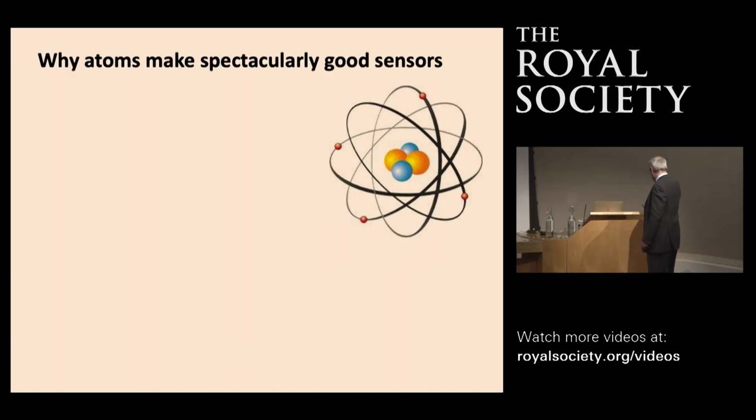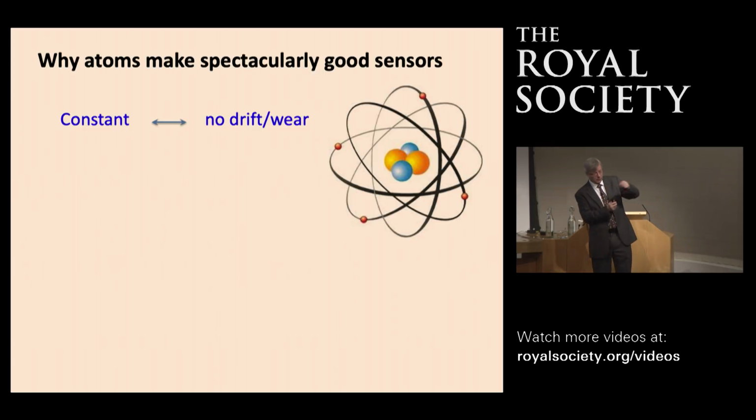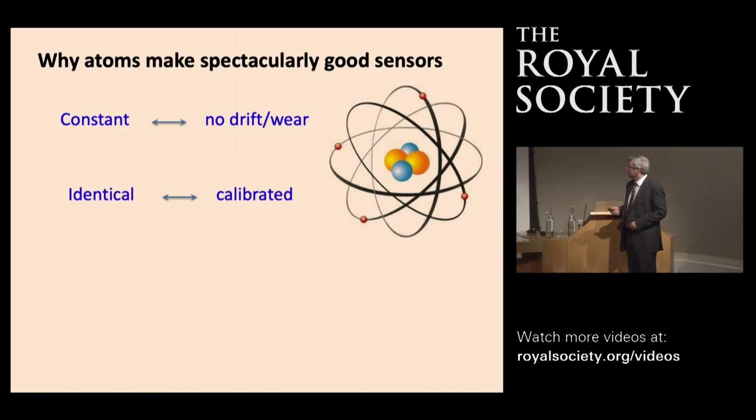Well, this brings me to a natural remark to make. Why do atoms make spectacularly good sensors? Well, the first is that they're constant, as I've just shown you. Those electrons don't get tired. They just go round and round for 1 million years, exactly the same. They're identical.